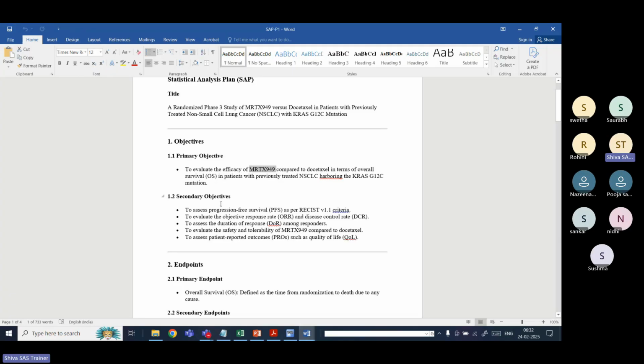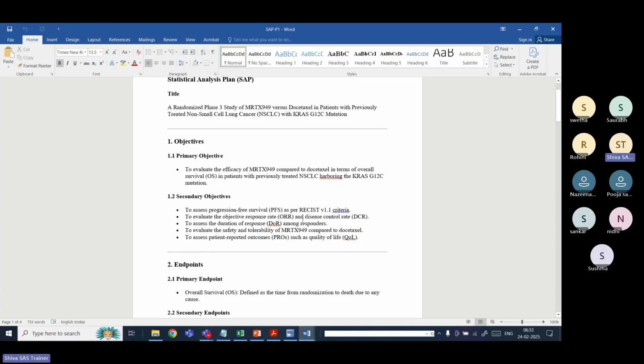What is the secondary objective? Progression free survival is nothing but the time from the treatment start date to the cancer increasing, so how much time it will take. Then objective response rate. We already generated one ORR related table also, right? And duration of response, safety, tolerability, and patient reported outcomes.